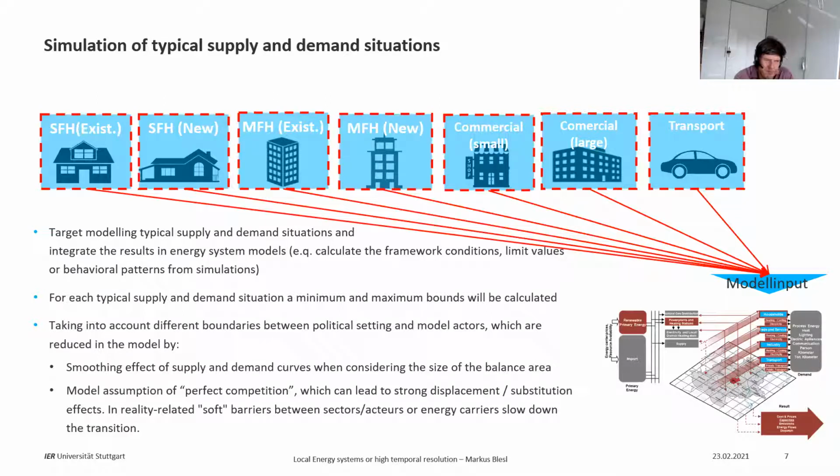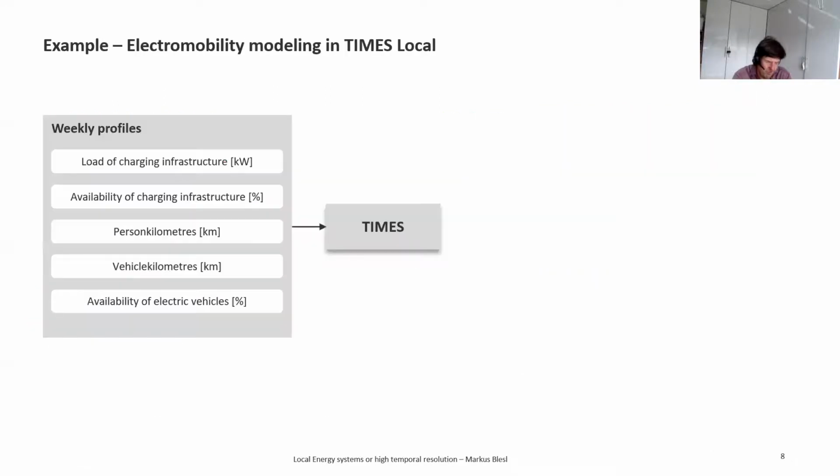It's more going in the direction that we also take into account something like soft barriers between the sectors and the actors, and also that there might be a slowdown of the transition.